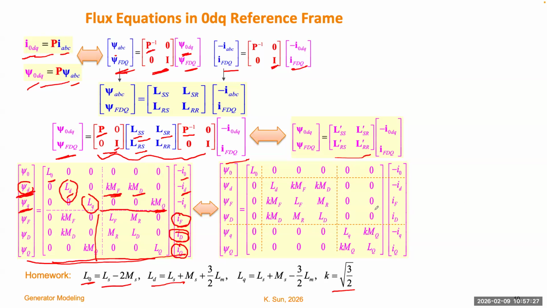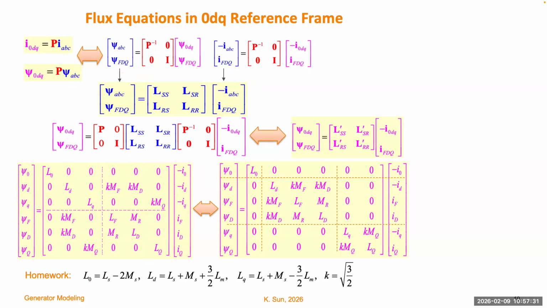Another way to rewrite this equation is to rearrange all the elements. Originally we have this one from the stator and this one from the rotor. Because right now we have three axes, 0, D, and Q, we can make the first row 0, the next three D, and the last two Q. So in the D axis, we have three equations, one from the stator and the others from the rotor.